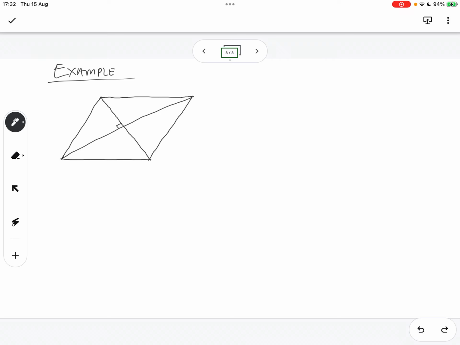Find the perimeter and height of a rhombus with a base length of 6.7 centimeters and the area is 40.2 square centimeters.